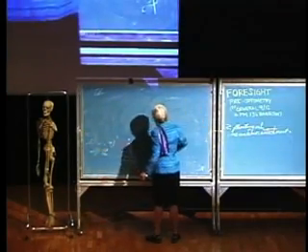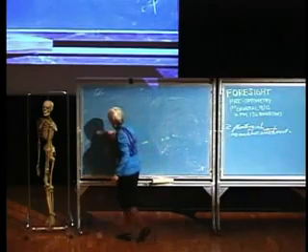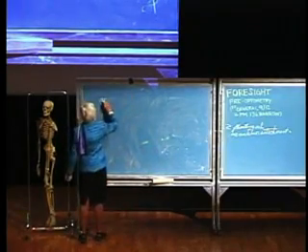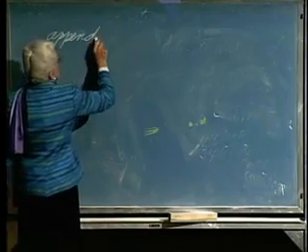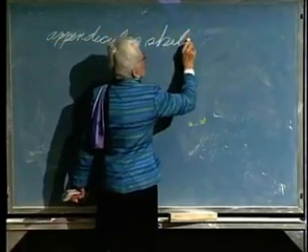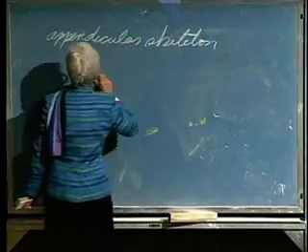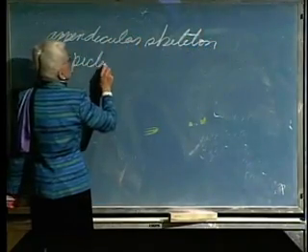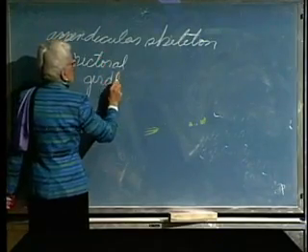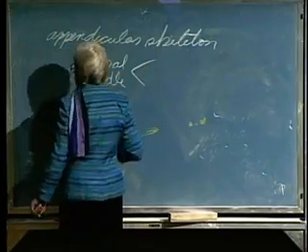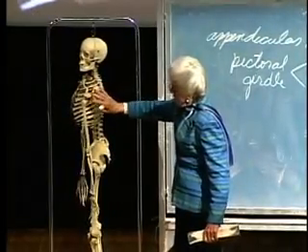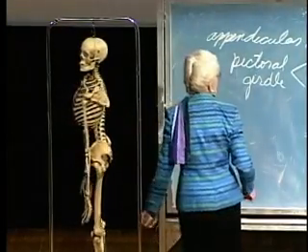So as we start with the appendicular skeleton, we'll start with the pectoral girdle. And the pectoral girdle consists of two bones. We've seen these. The clavicle anteriorly and the scapula posteriorly.